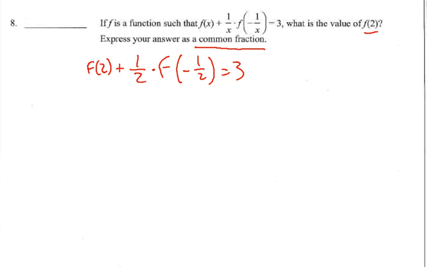Now, remember, we're trying to get f of 2. And we have an f of 2 right here. So we want to figure out what f of 2 is equal to. So let's subtract this whole term. So we're going to subtract 1/2 times f of negative 1/2 from both sides of the equal sign.